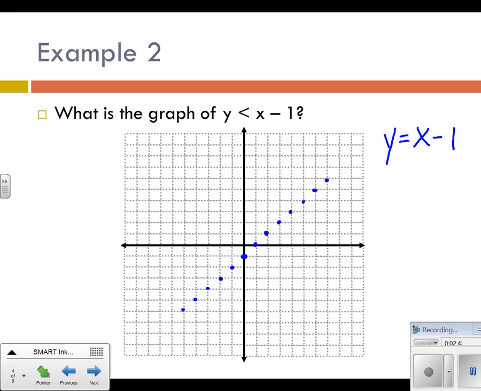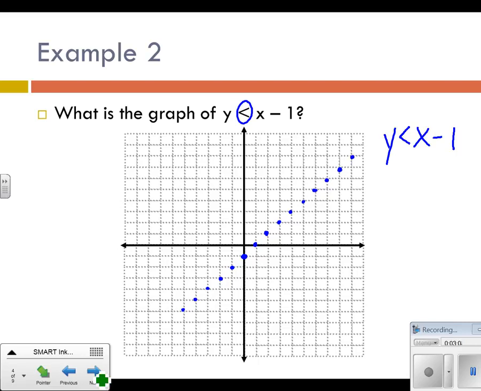The line is a solid line if you have greater than or equal to or less than or equal to. If you have a less than sign or a greater than sign, and in this case we have a less than sign that we're graphing, this is a dotted line, so we do not make a solid line in this problem.